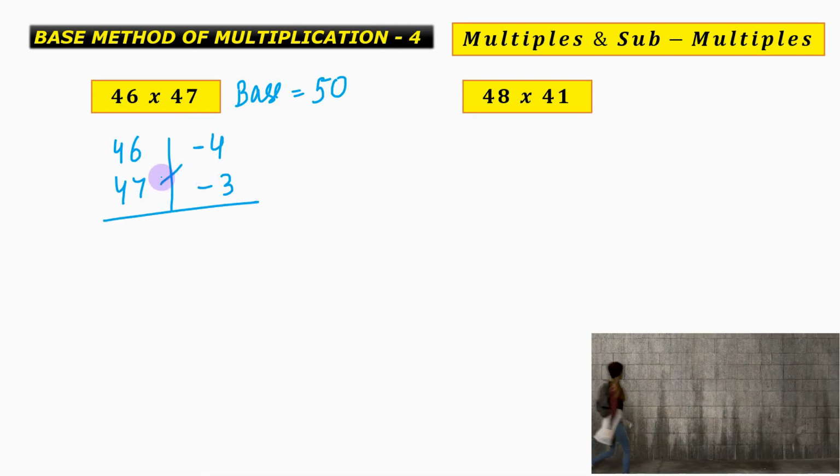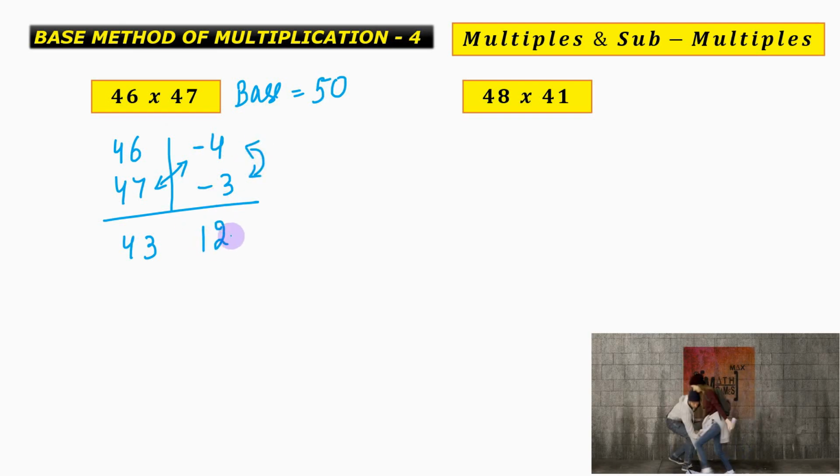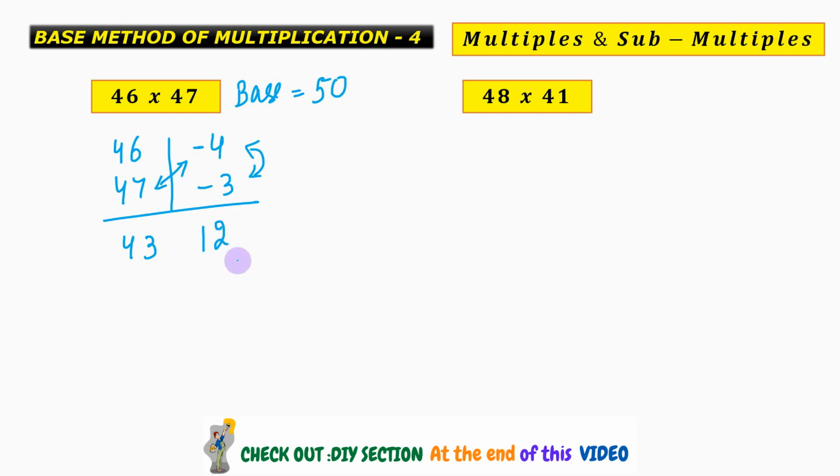Then again we add these two numbers. So 47 minus 4 is equal to 43. And then we multiply minus 4 and minus 3, thereby getting 12. Earlier this was all that we had to do and we wrote the answer as 4312, but that would be wrong in this case because the base here is not 10, rather the base here is 50.